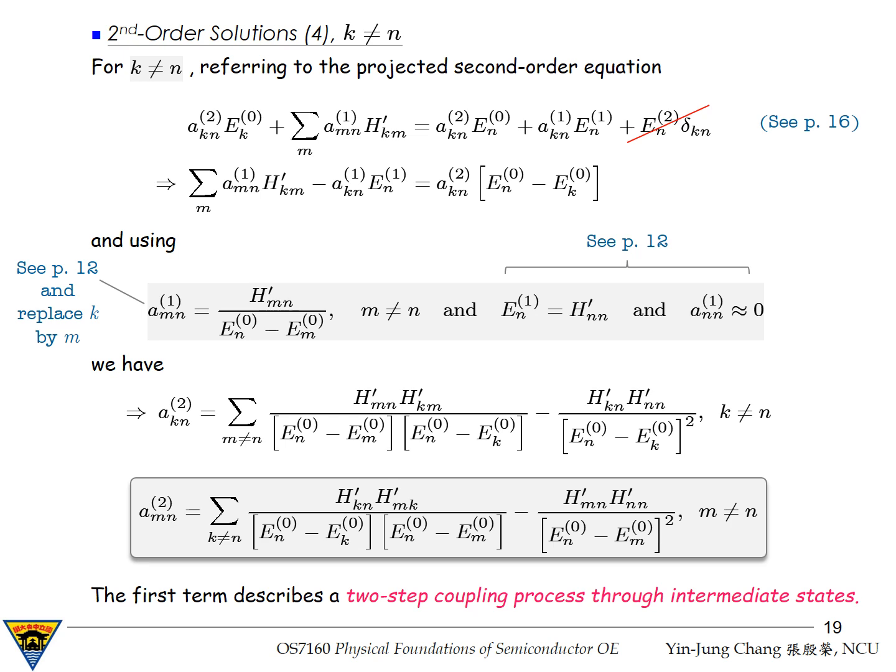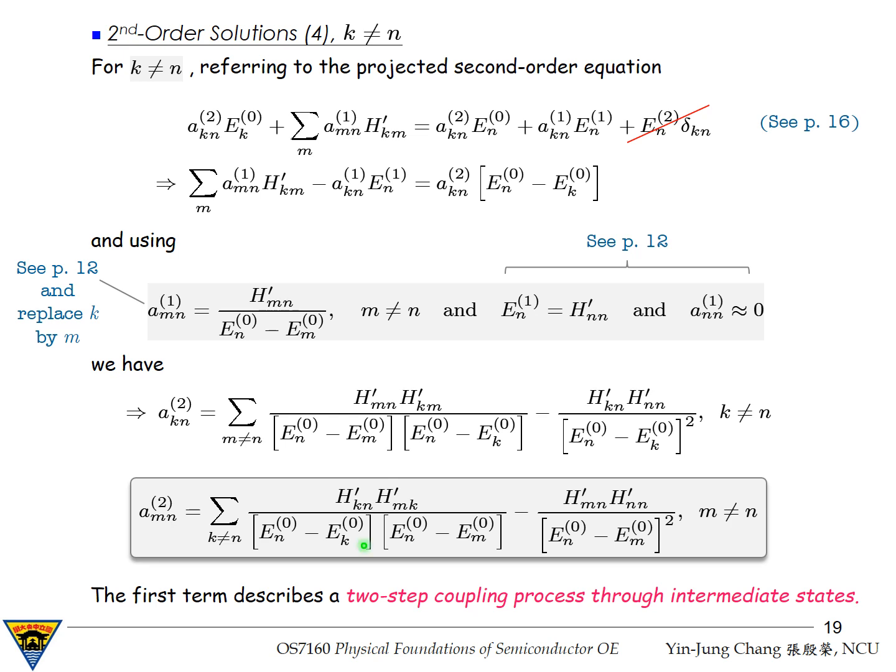This expression may look formidable at first glance, but its structure is actually very instructive. The first term describes a two-step coupling process. The perturbation connects the original state n to some intermediate state k, and then from that intermediate state k to state m.